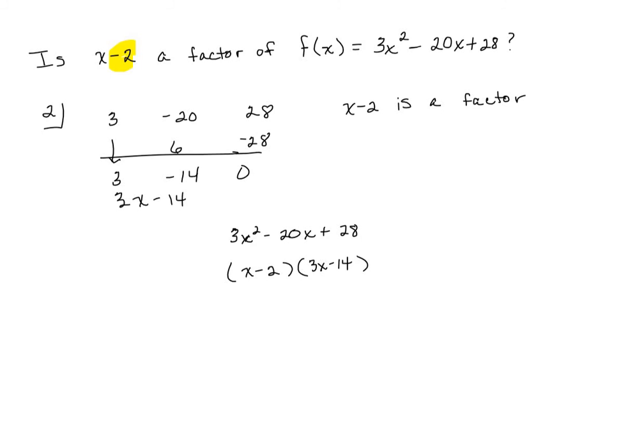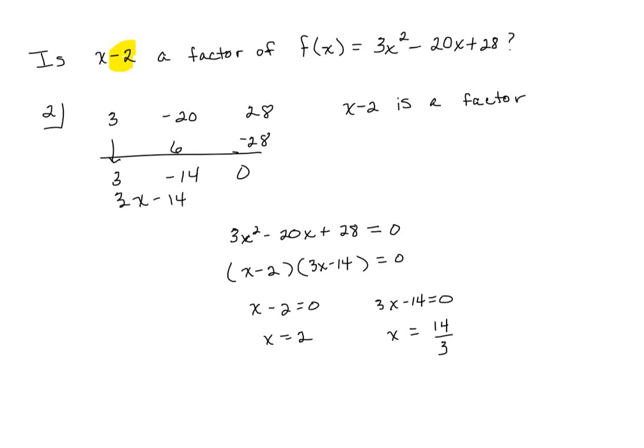Now let's suppose that we want to set this equation, or make this an equation, and we're going to set this equal to 0. Then let's look at each of these factors here set equal to 0 and solve. So I have x equals 2 or x equals 14/3 as my answers.